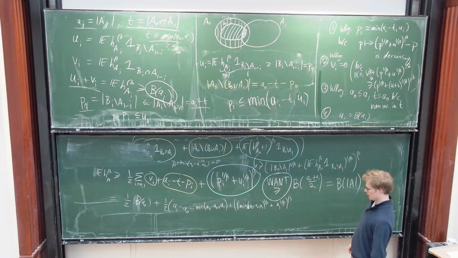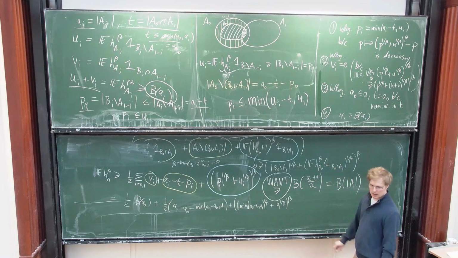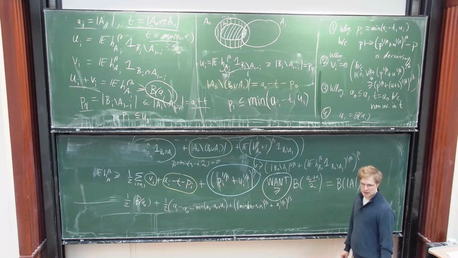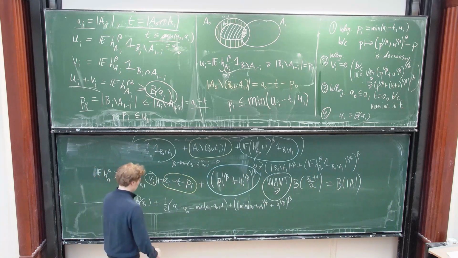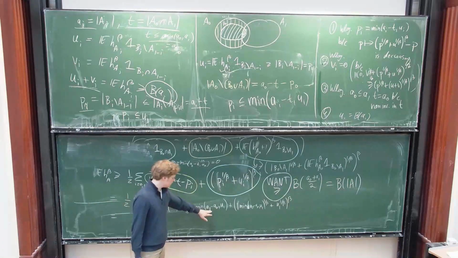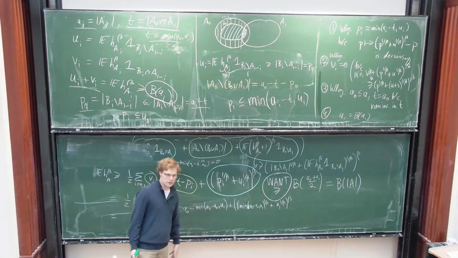And that's it, okay? This is my quantity, and I'm claiming this is the same as the two-point inequality from before, because now what I need to do is to evaluate the two cases when the minimum is evaluated to the left or to the right.